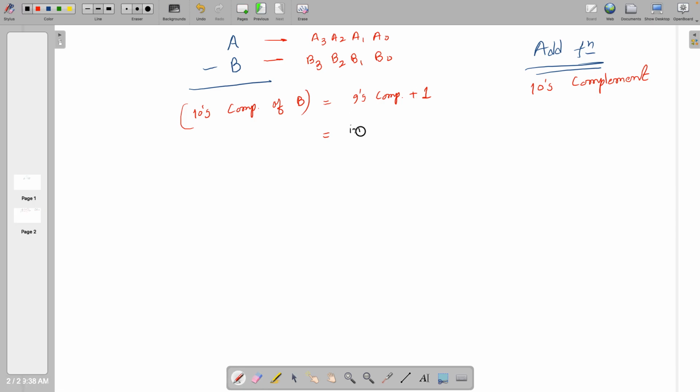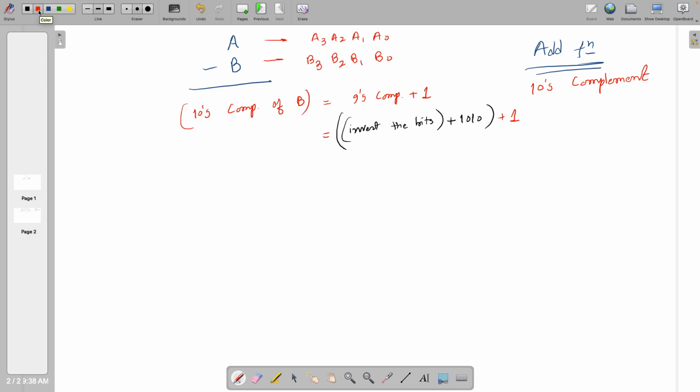So whichever number you want, invert the bits, add that to 1010, and again when you add 1, that's the 10's complement. This is the trick to implement the same thing.